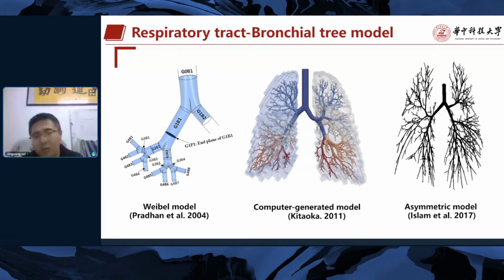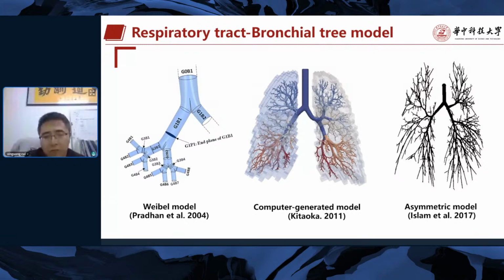In fact, if we use the two-branch method, it will have more branches, but the second and third generations don't have so many bronchial arrays.